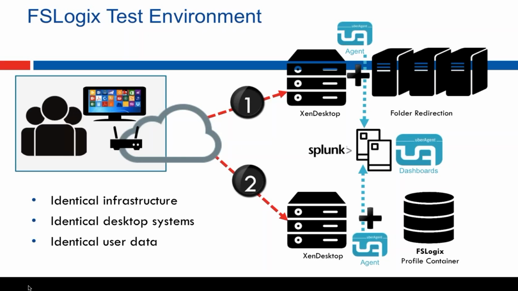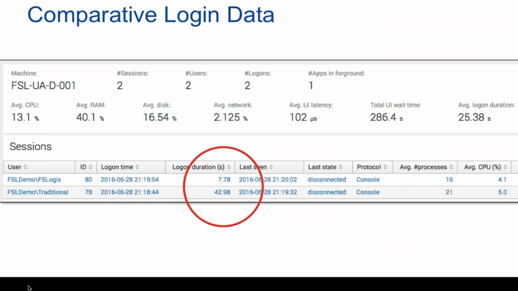How I did that is I virtualized an environment, built up a file share, did roaming profiles, lived as an end user in a machine for a while, and I copied block for block, byte for byte, file for file from one environment to the other so that I could duplicate what was happening. All right? So identical infrastructure, an identical desktop, and identical user data. And we logged into that machine, and you can see here the comparison.